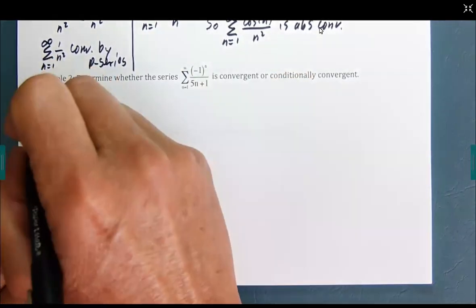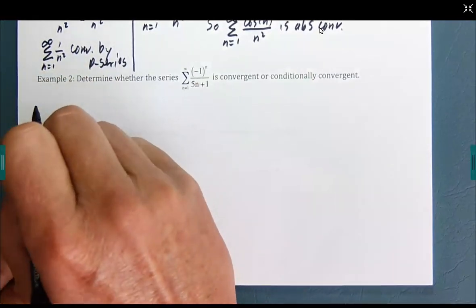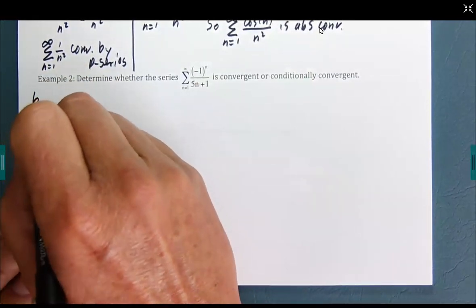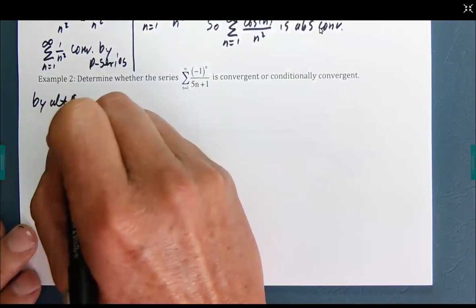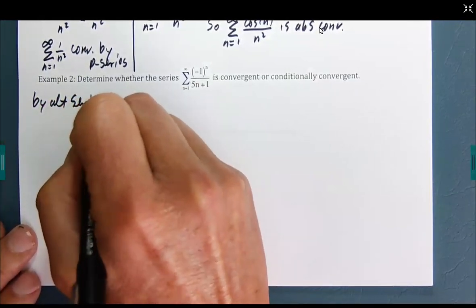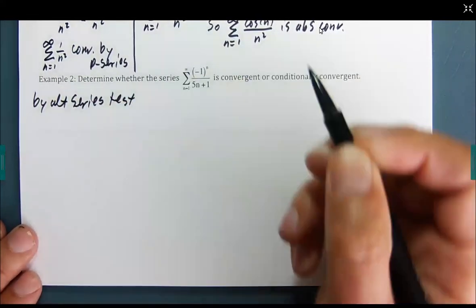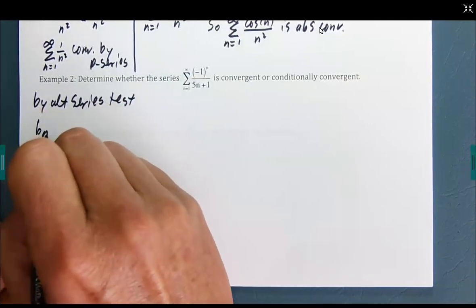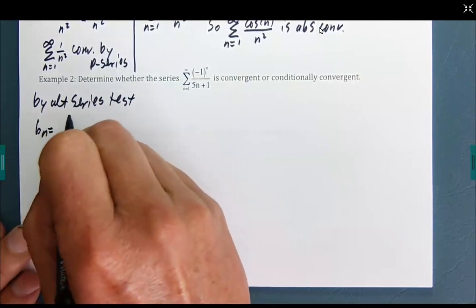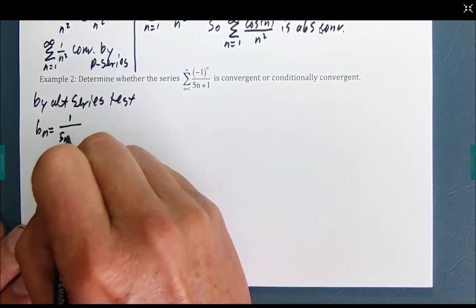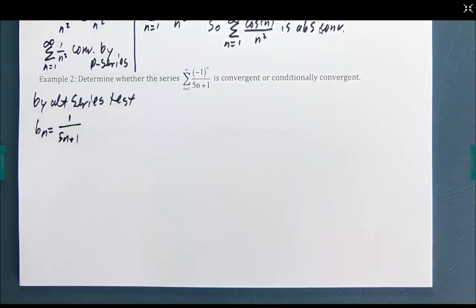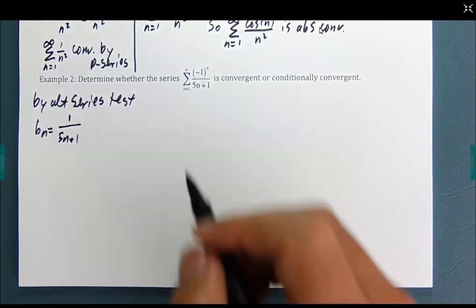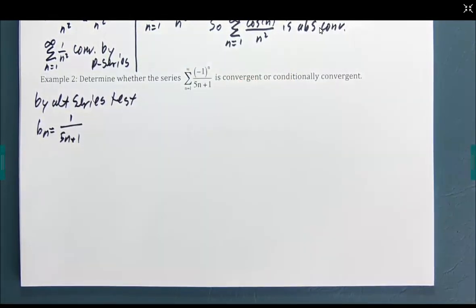And here, I'm going to determine, first of all, that by the alternating series test, b sub n is 1 over 5n plus 1. Remember, with the alternating series test, it's always just the positive part of it. We're not dealing with the (-1)^n part.